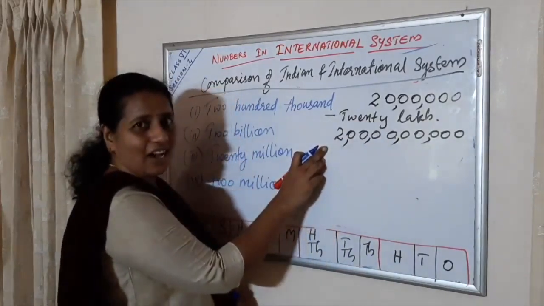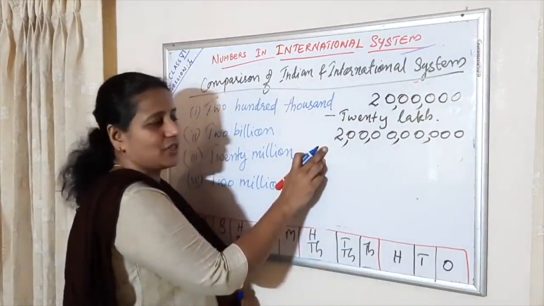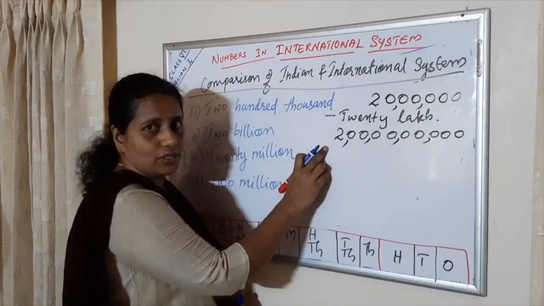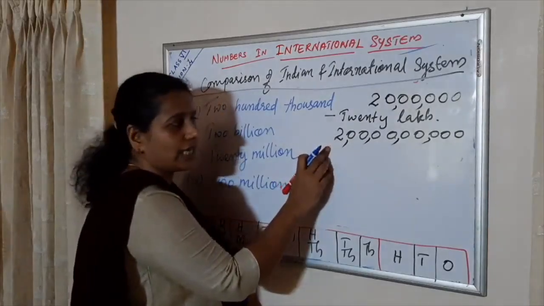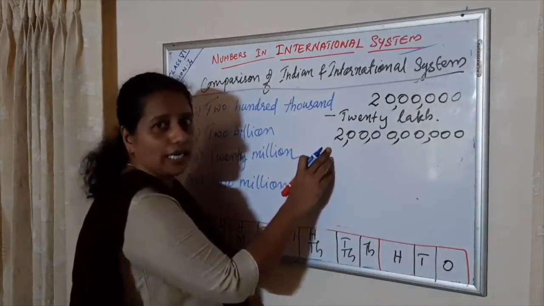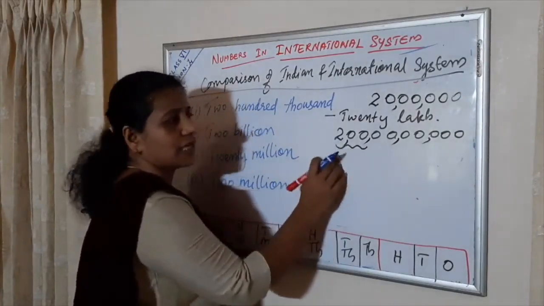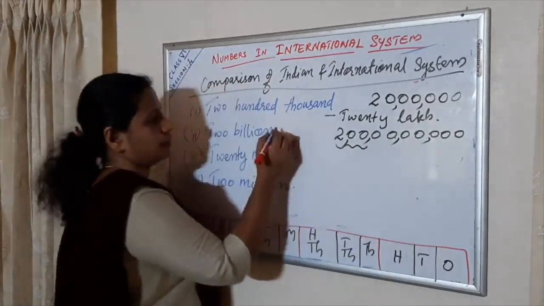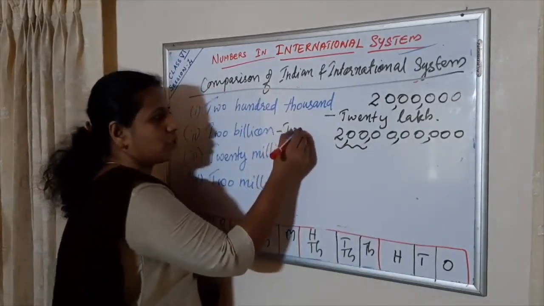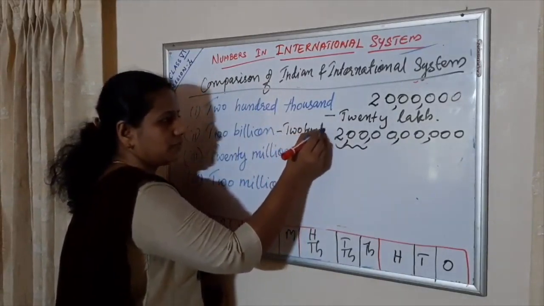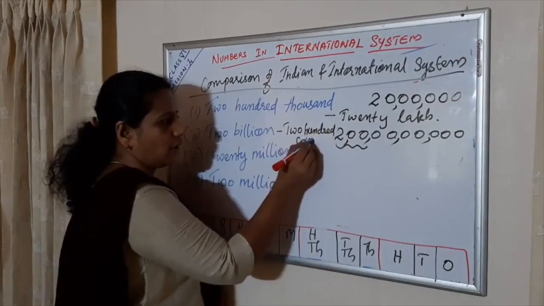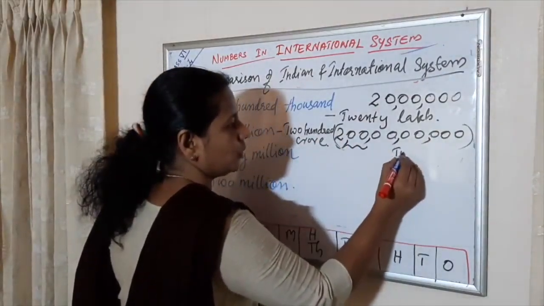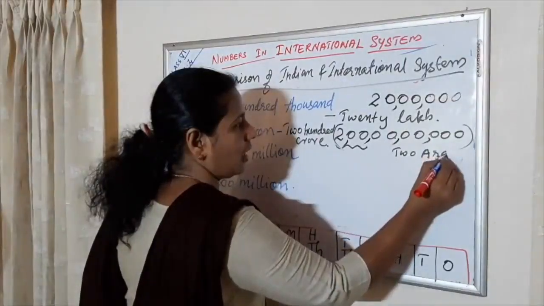Then 2 is after crore. You didn't know what is the name. It is Arab, but it is not commonly used. So you can read it as 2 Arab or 200 crore. Commonly we are writing 200 crore. Okay?